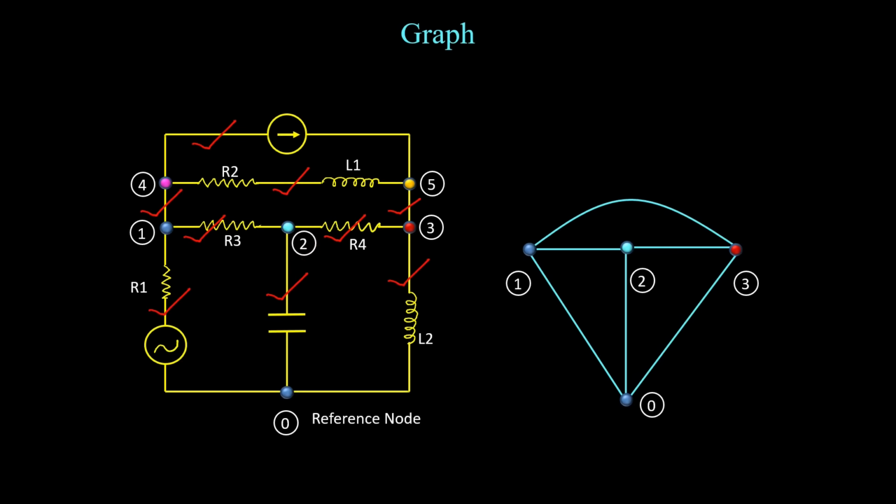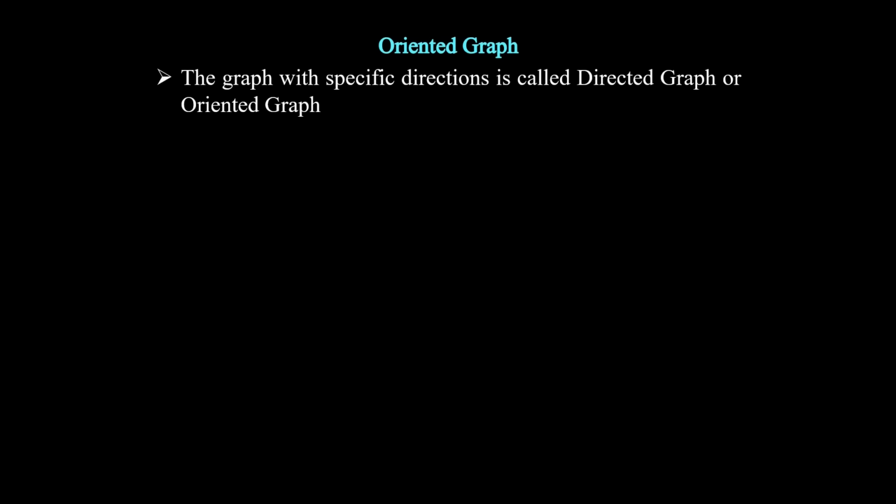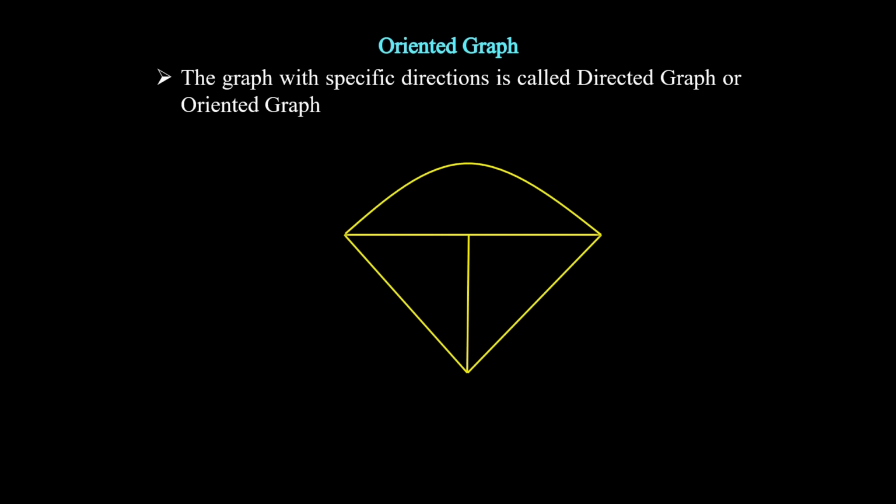Now coming to the next point, oriented graph. What is meant by oriented graph? A graph which is having specific directions will be called a directed graph or the oriented graph. Orientation means direction. So now let us take the same graph. Here we have nodes starting from 0 to 3.